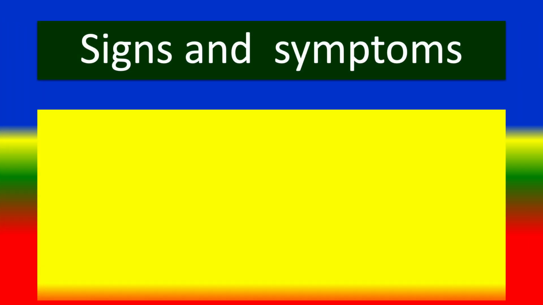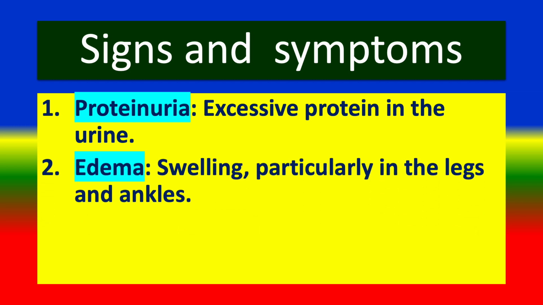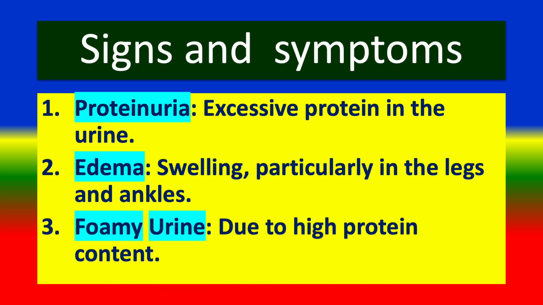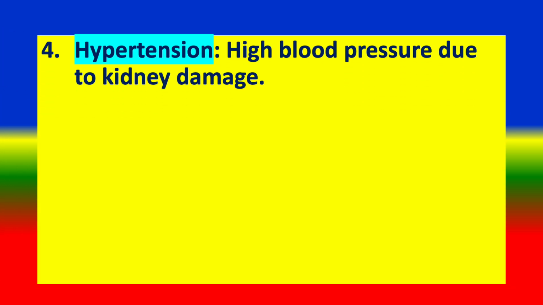Signs and symptoms. 1. Proteinuria: excessive protein in the urine. 2. Edema: swelling, particularly in the legs and ankles. 3. Foamy urine due to high protein content. 4.